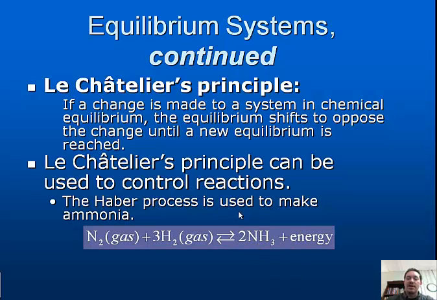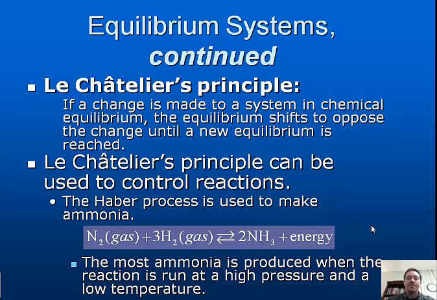So this product is not favored, so we have to change some of the surroundings of that reaction to favor the production of ammonia. Most of this ammonia is produced when the reaction is run at a high pressure and a low temperature, so it requires those special conditions in order for the reaction to take place to produce that ammonia.